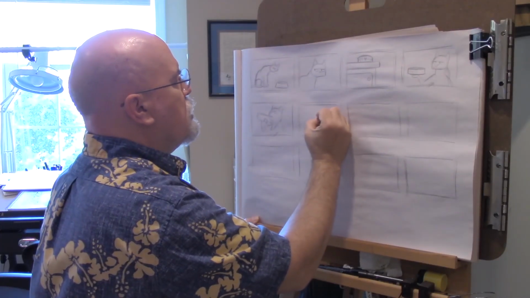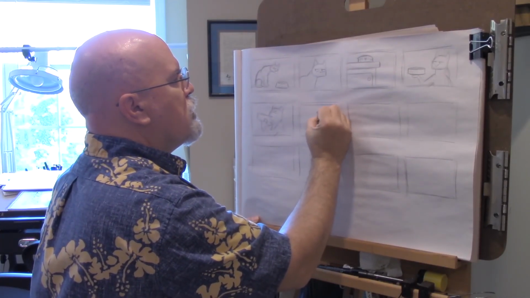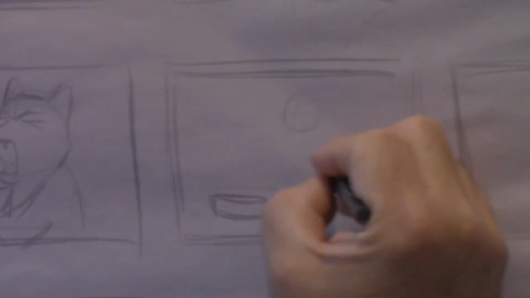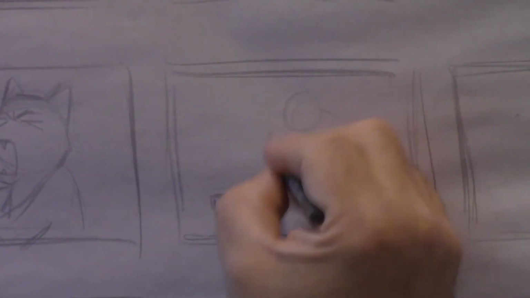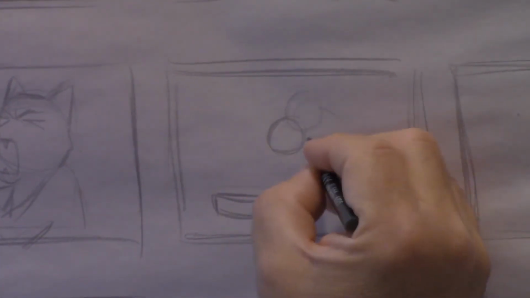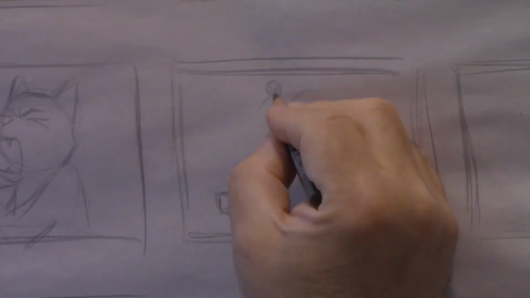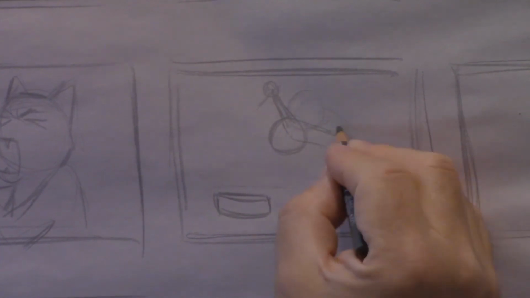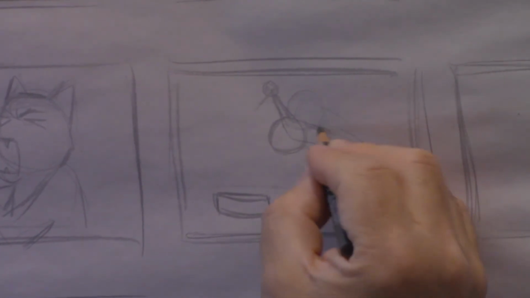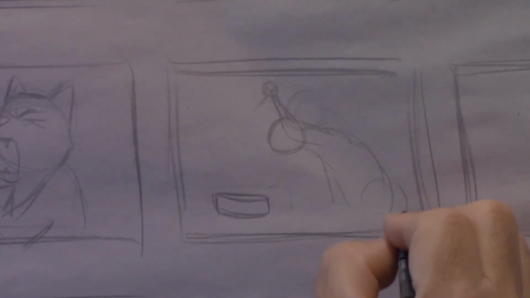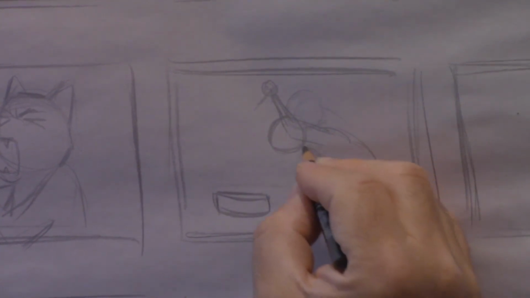So here, the cat is going to be over this, and he's got a fork. I'm going to draw his head lower because he's going to have a fork in his little paws. His body's going to be over here. I need more of that arced look.